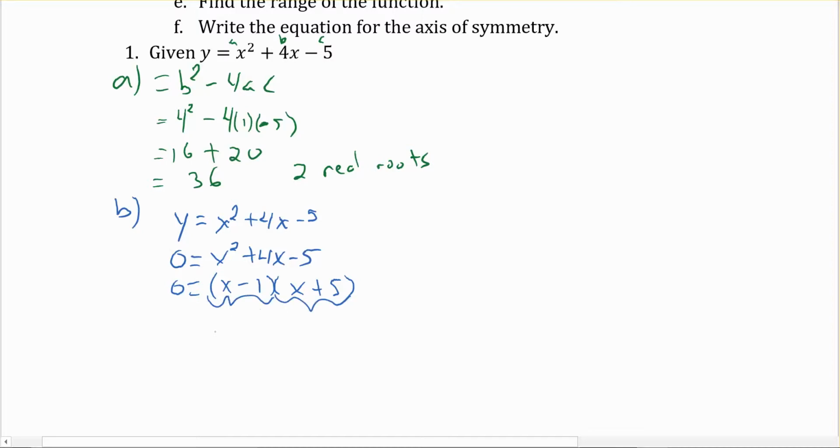So that's going to be when x is equal to positive 1, and when x is equal to negative 5. So those are our x-intercepts. And if you're going to do that in point form, that would be (1, 0) and (negative 5, 0) for my x-intercepts.